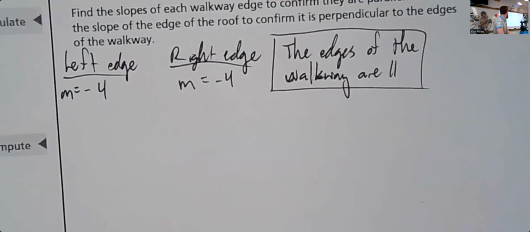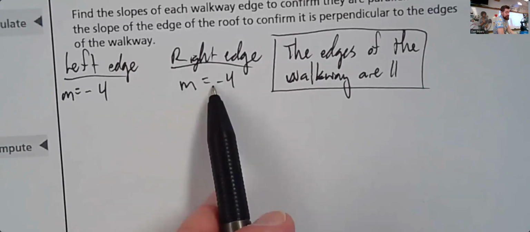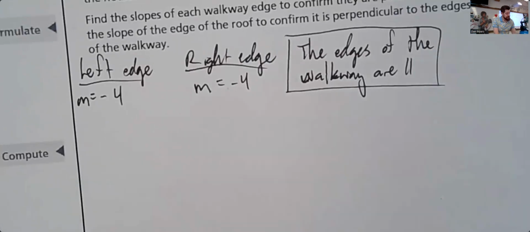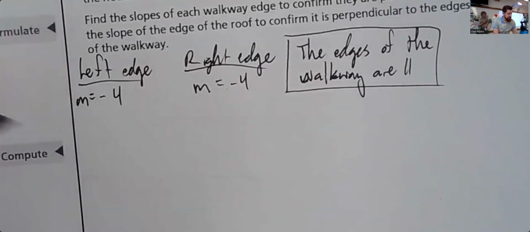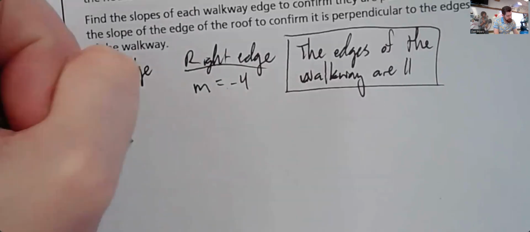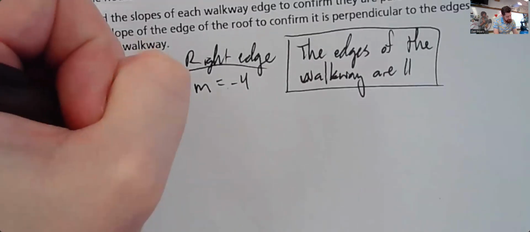So we know that based on the left edge and the right edge, those both have a slope of -4. So no matter where we check on the walkway, it's a slope of -4, which is good. So now we need to figure out the slope of the roof. So let's see, slope of roof edge. We'll just say roof edge.